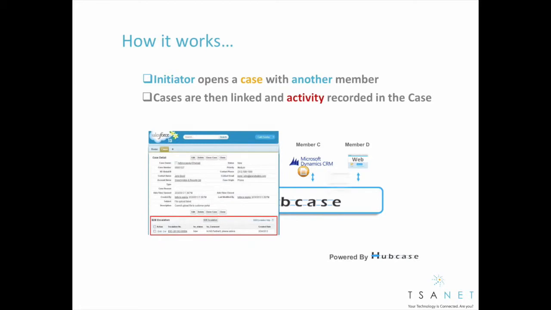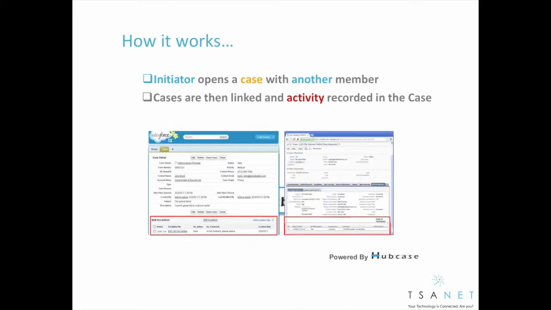This produces, as you can see here in the related field, a B2B escalation section, which is constantly updated as the members collaborate and solve the issue. So that's just a very high-level look at how that works. You can see in this example a Salesforce system talking to a NetSuite system. The messages are exchanged through the Hubcase messaging system and translated to the appropriate CRM system.